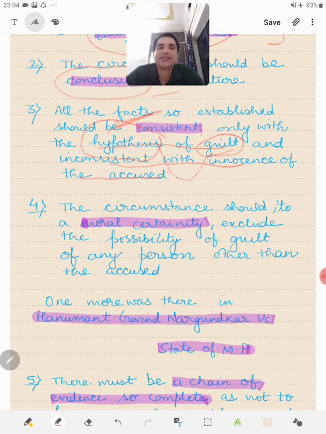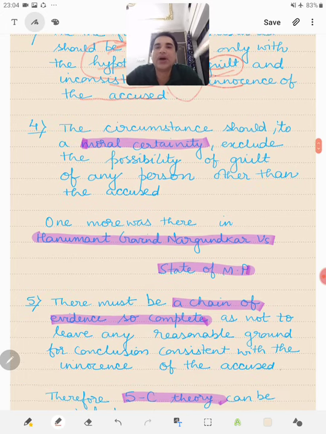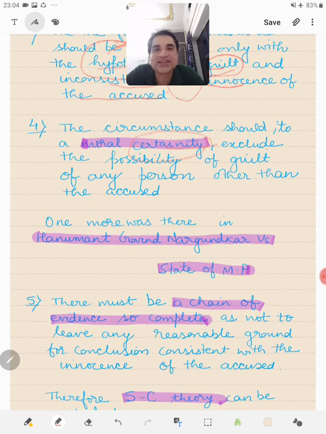Then the circumstances should to a moral certainty exclude the possibility of guilt of any person other than the accused. So there should be a certainty. What certainty? That the person who is accused has done the crime, and it should totally exclude that any person other than the accused has done the crime.